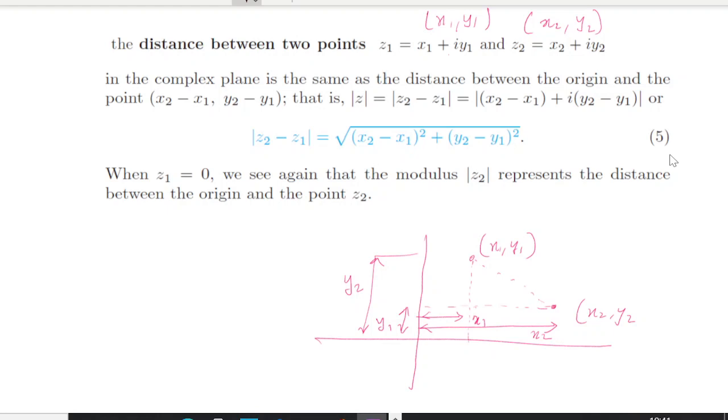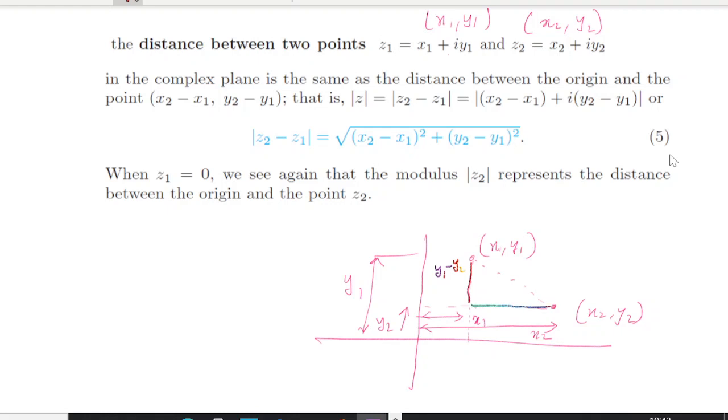Sorry, I made a mistake; this is y1 and this is y2. Now, what about this distance? Evidently this distance should be y1 minus y2.